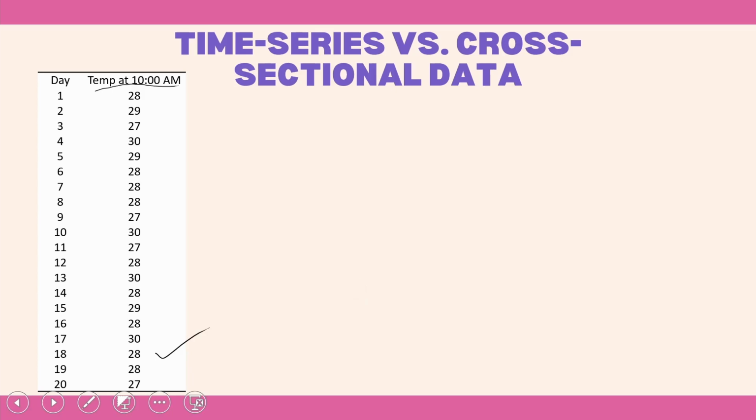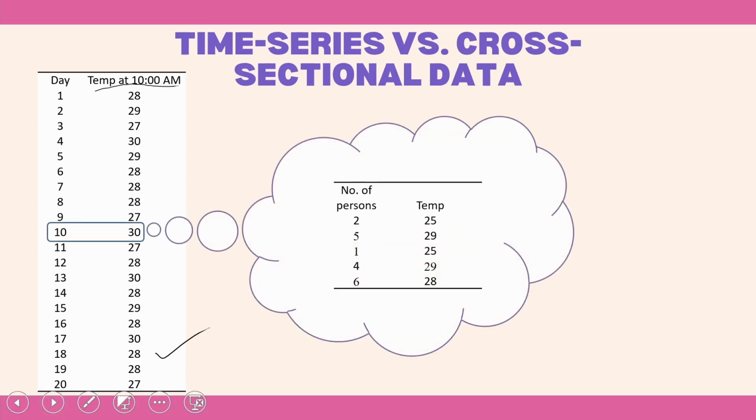But suppose on a particular day, say day number 10, the decision maker has taken 5 temperature readings and he thinks that the temperature is a function of number of persons staying in the room.